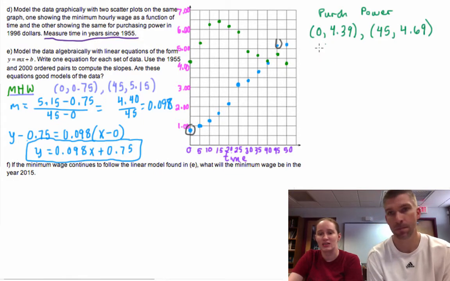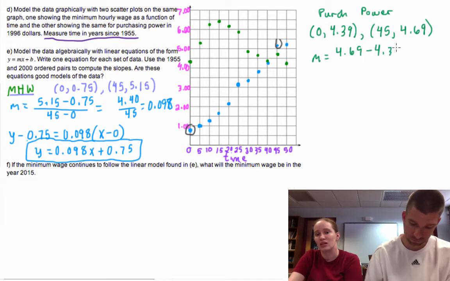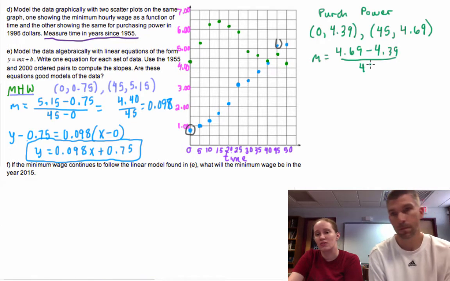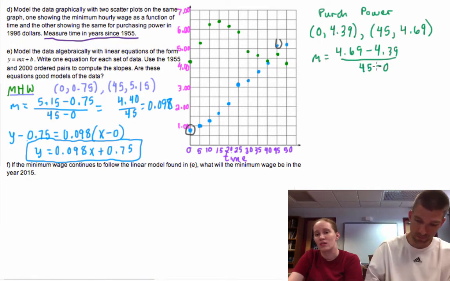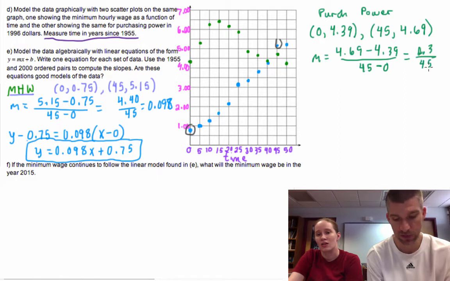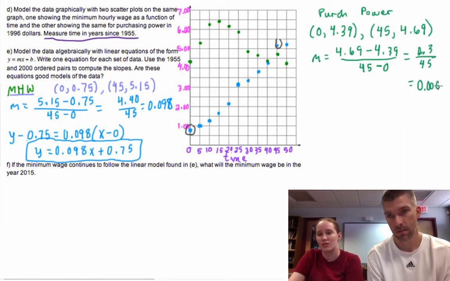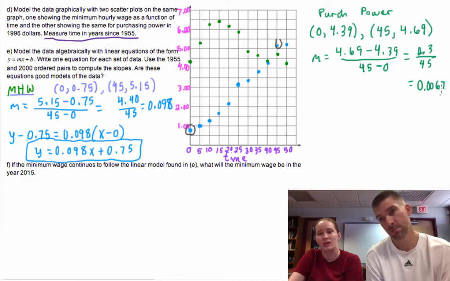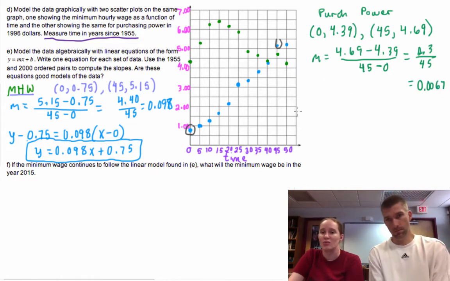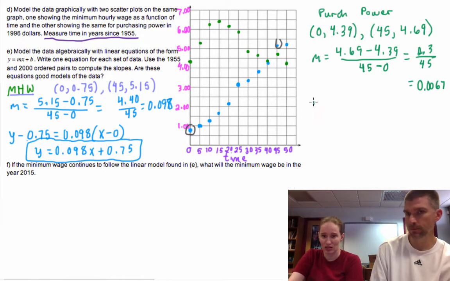Our slope, we do 4.69 minus 4.39 over 45 minus 0. So it's 0.3 divided by 45, and that is 0.006 repeating. And if we want to be smart, we already know that this is the y-intercept.